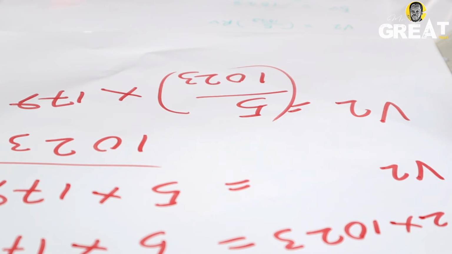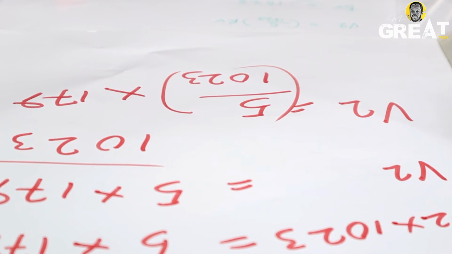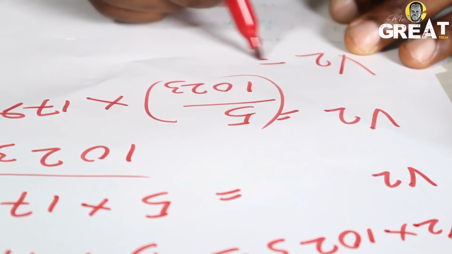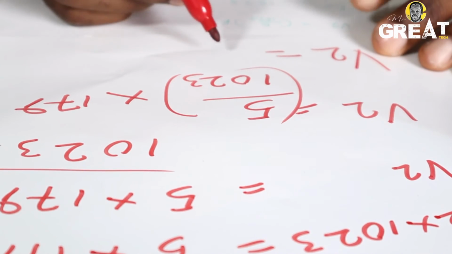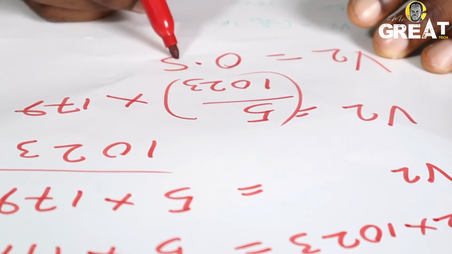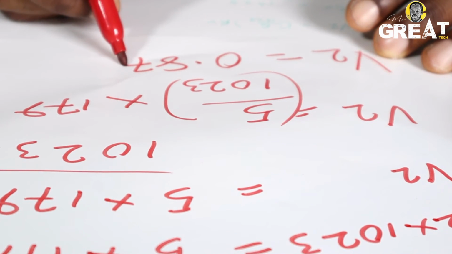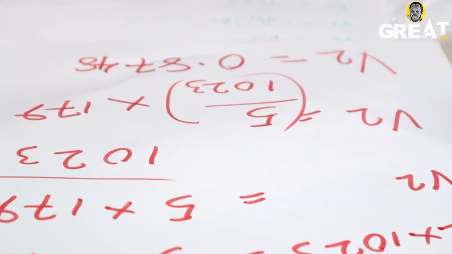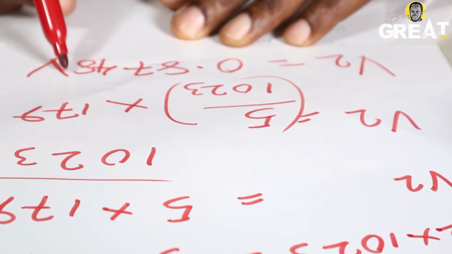I have 0.8748. So V2 is equal to 0.8748, approximately 0.9 volts.